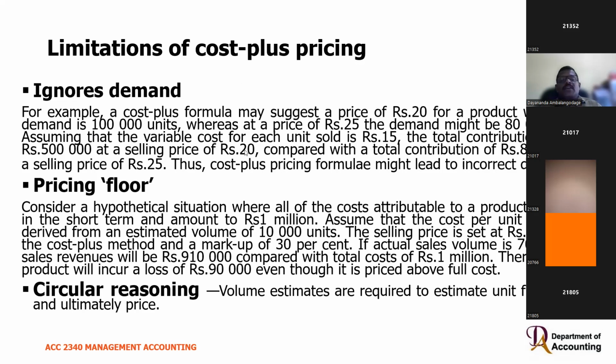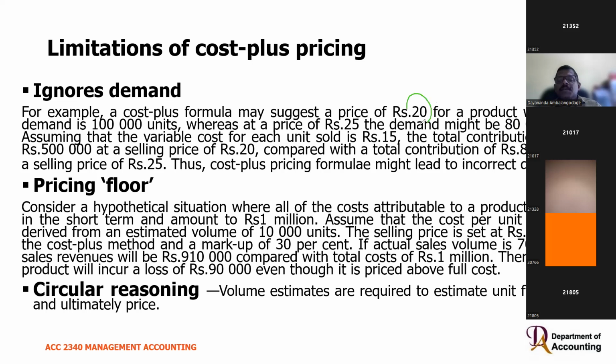So, for example, say the price is 20 where the demand is 100, and the alternative is 25, with a unit cost of 15 rupees. Just take these two pieces of information.